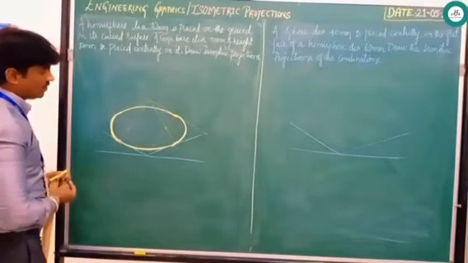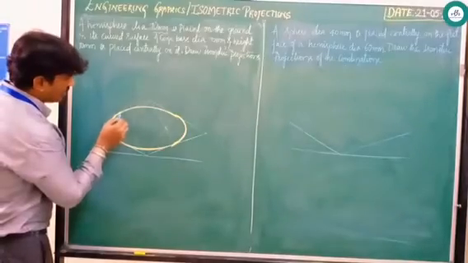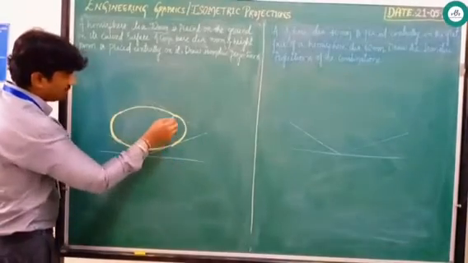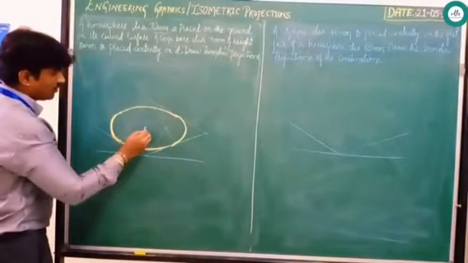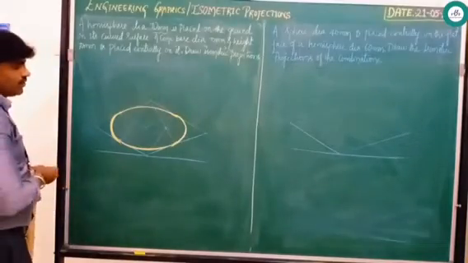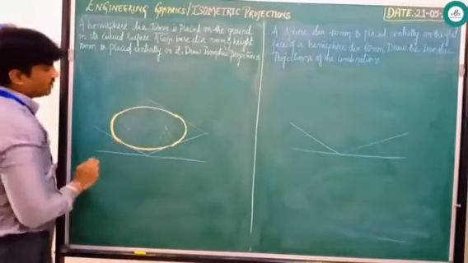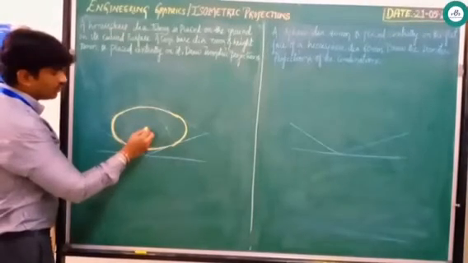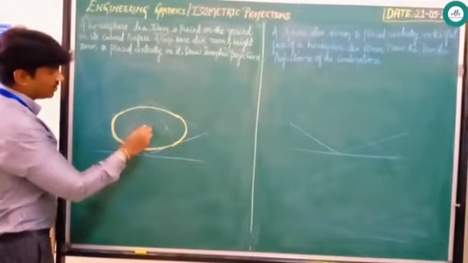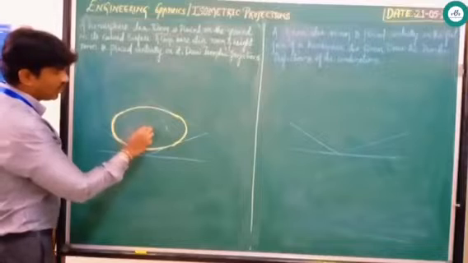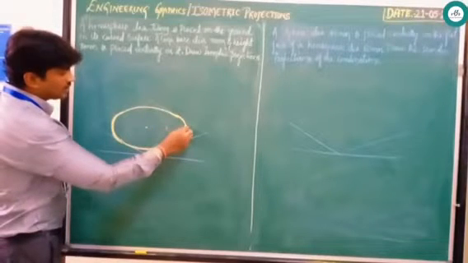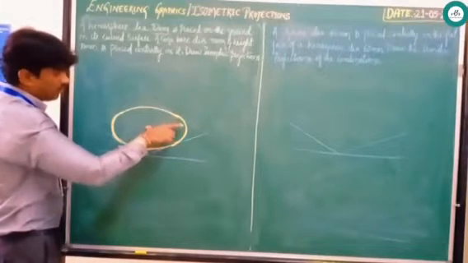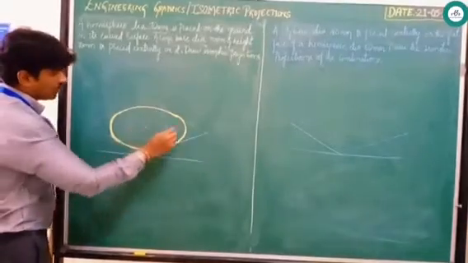Next, proceeding further, identify the center as I told by joining the opposite points. You will get a center somewhere here. Next, to proceed with the hemisphere, as I told in the previous videos, with this as a center point, the curved part as a radius, keep the compass and draw one curved path.